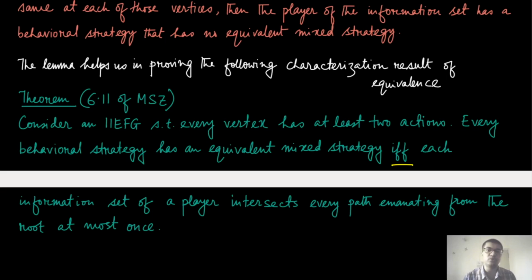In the example, it is intersecting the same information set twice, and if it intersects exactly once, then you are always guaranteed to find an equivalent mixed strategy representation for any behavioral strategy.